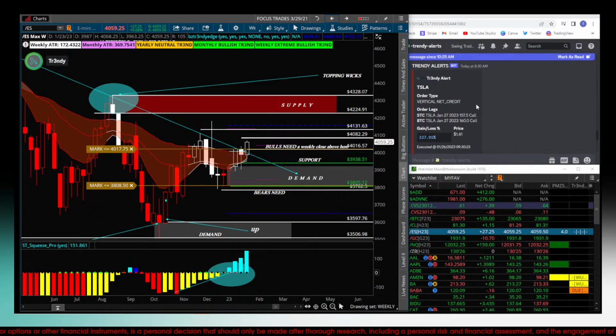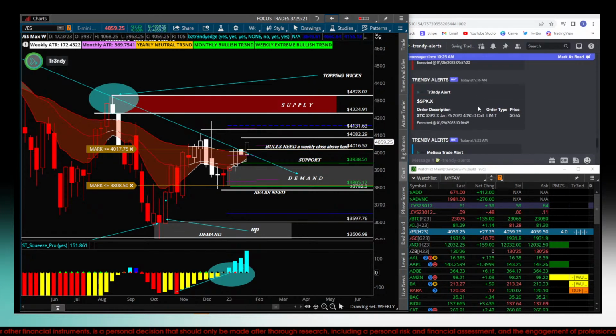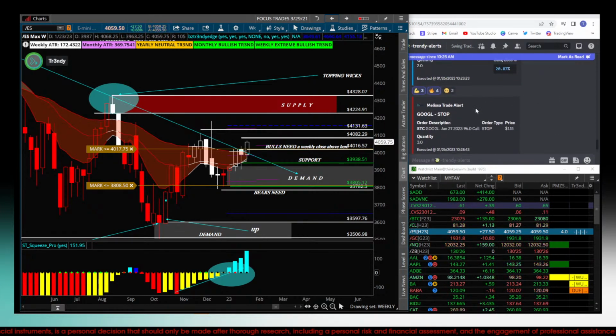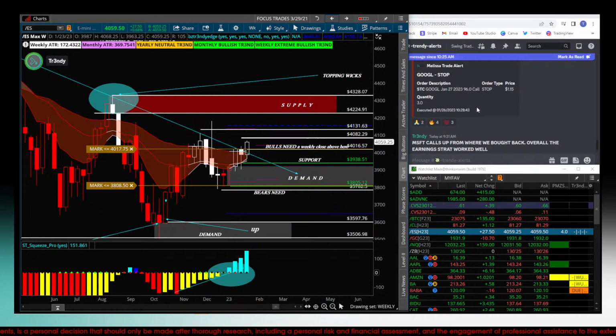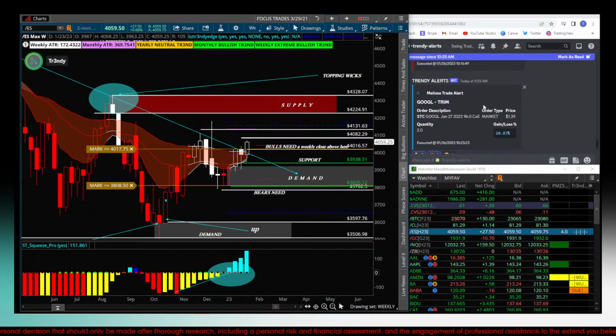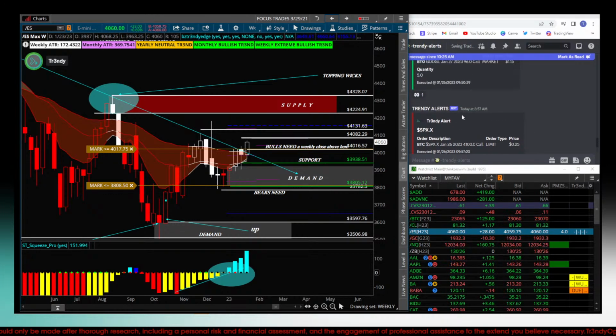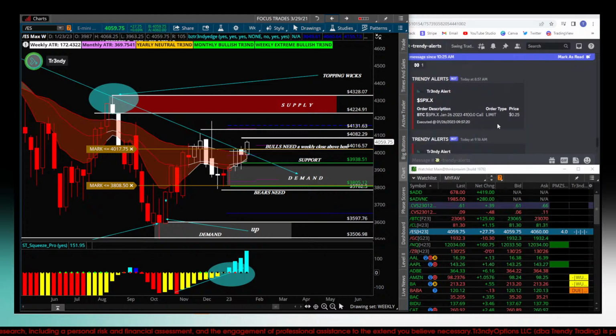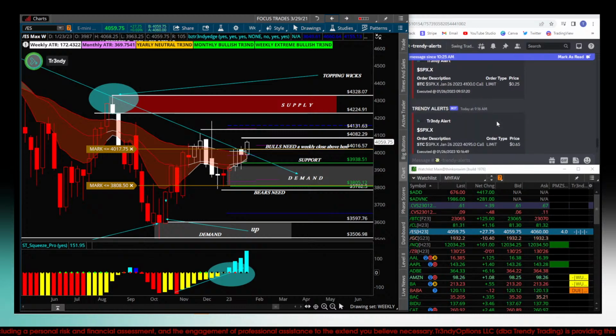I had tons of trims yesterday, but finally ended up closing out this trade. I figured we're up almost, I think it was like 2.5 or something like that. So I decided to go ahead and jump out of that. Also, SPX this morning, I went short the futures, and then I turned around, I bought SPX credit. I bought back the short side, then I sold the long side. We did really, really well.